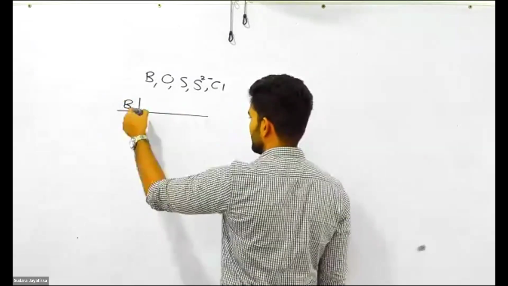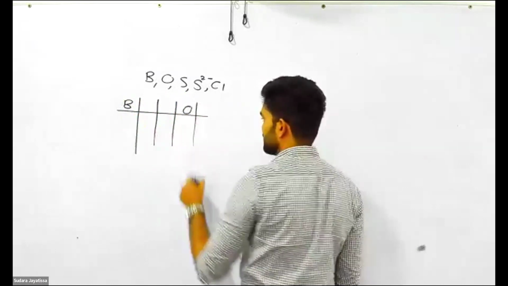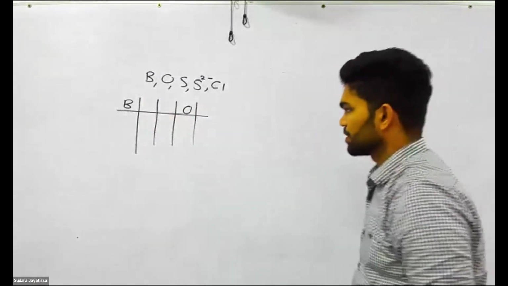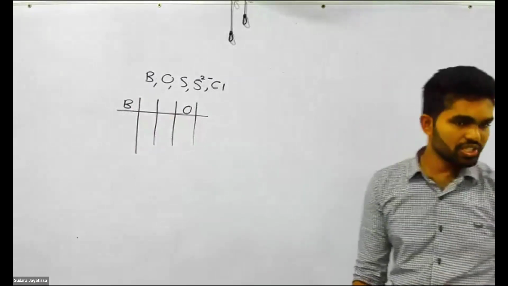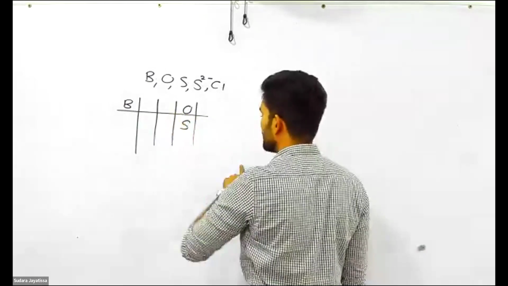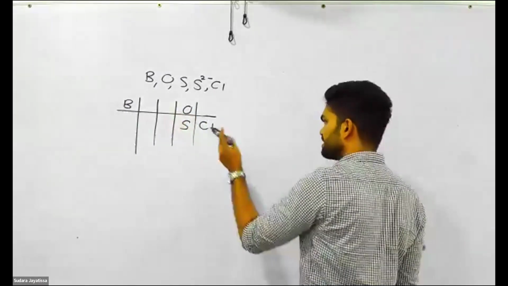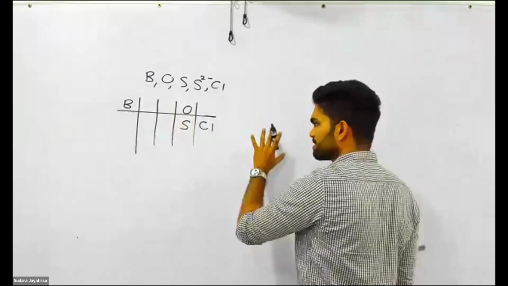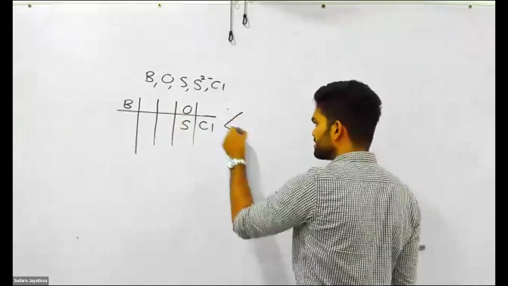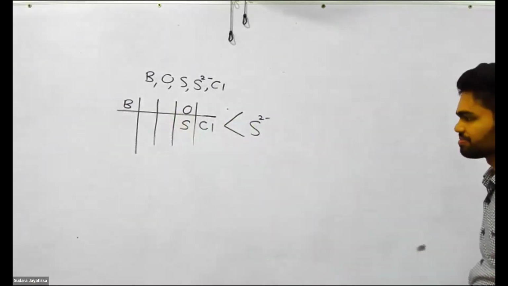Boron is somewhere here, then carbon, nitrogen, oxygen in the periodic table. You can use your O-level periodic table for these questions, no issue. Then sulfur is the element below, and chlorine is somewhere there. Sulfide, keep it out of the picture, because it is the biggest one from the whole set.